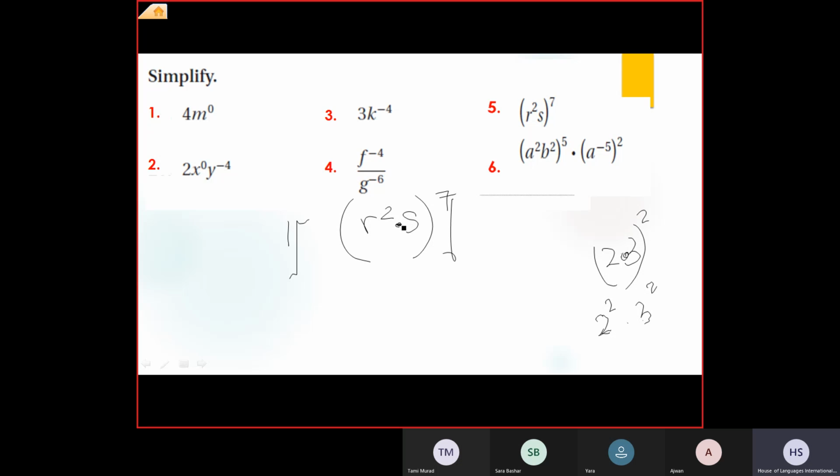So it will be r squared raised to the power 7 times s to the power 7, as we did here. Look here: 2 times 3 to the power 2 is the same as 2 squared times 3 squared. You distribute 2 on the two numbers.